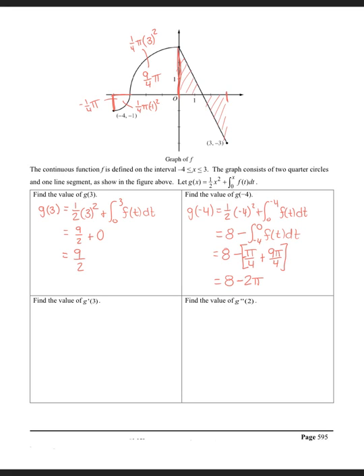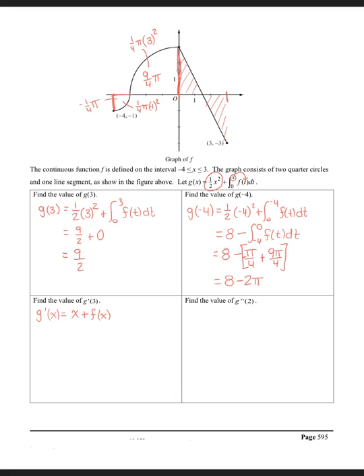Find the value of g prime. Let's first find g prime of x. We need to take the derivative of this, and we need to do this whole substitution thing. The derivative of 1/2 x squared is just x plus f of x, and then times 1, because the derivative of x is 1.